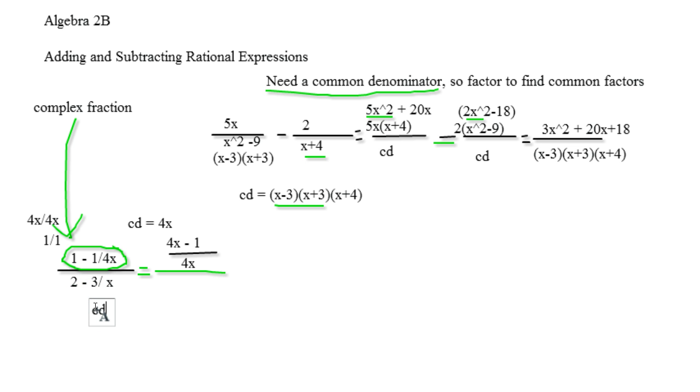I don't need a common denominator between the two just yet. So the common denominator is just going to be x, and this is 2 over 1. If I need an x on the bottom, I need 2x over x. So on the bottom, that's 2x minus 3, over x.